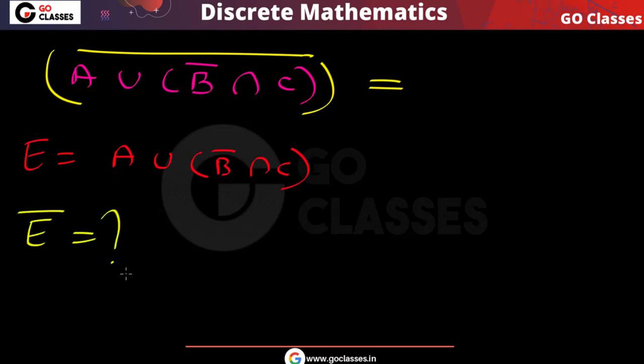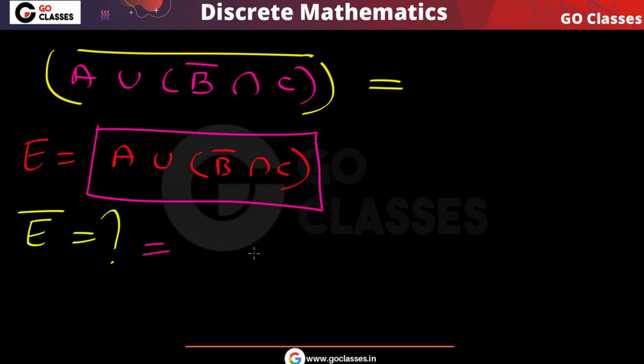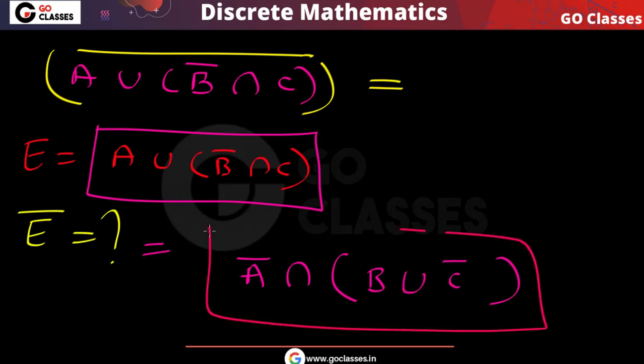In this expression E, we only have union, complement, intersection, so you can very easily find E complement. This A will become A complement, this union will become intersection, this B complement will become B, this intersection will become union, and this C will become C complement. So this will be your E complement. That's it, this is the answer.